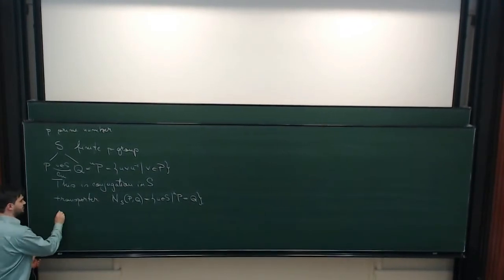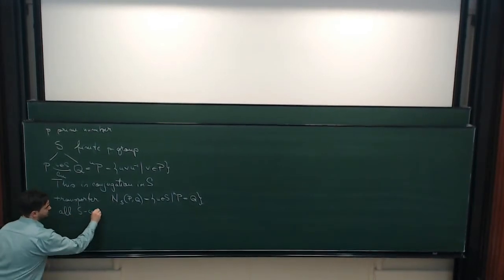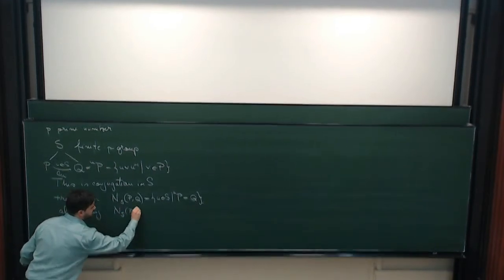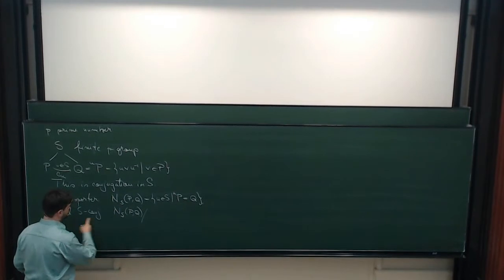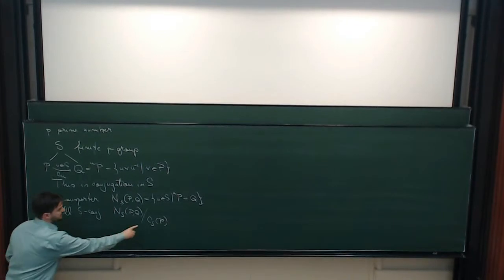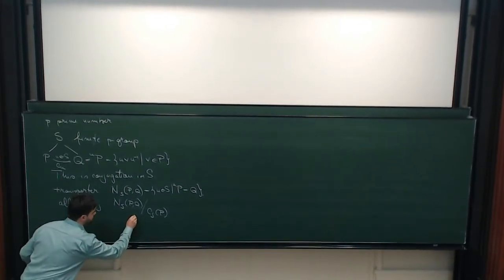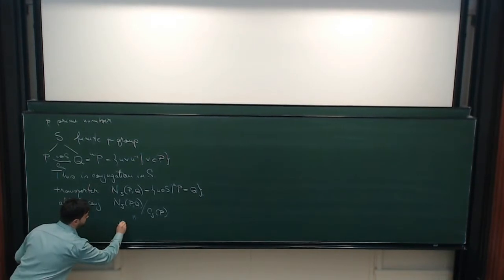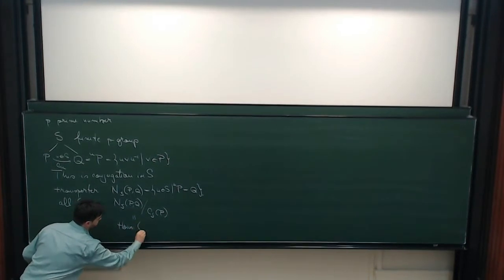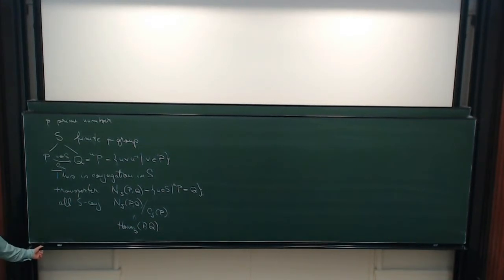And if you want to see all S conjugations, you take this transporter and you quotient out all the conjugations that are trivial on P. This is the centralizer in S of P, and we'll give it a notation because we'll use it later. So we say that those are the homomorphisms from P into Q given by conjugation by S.